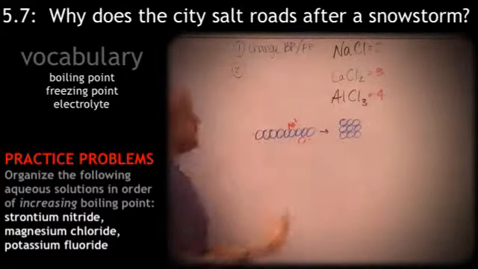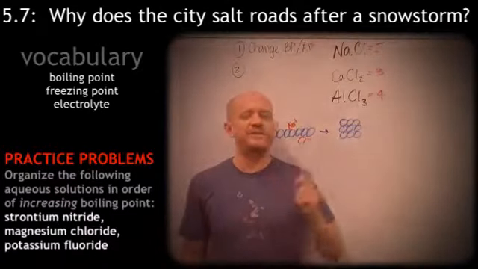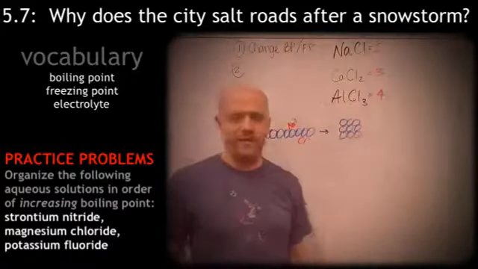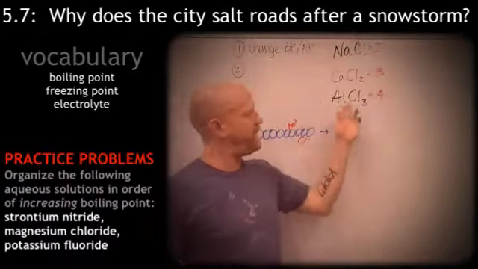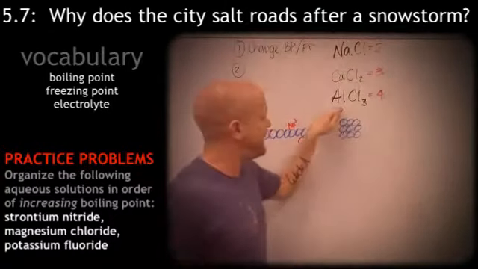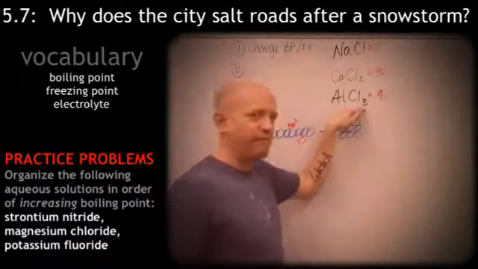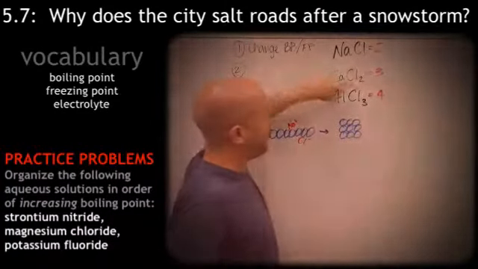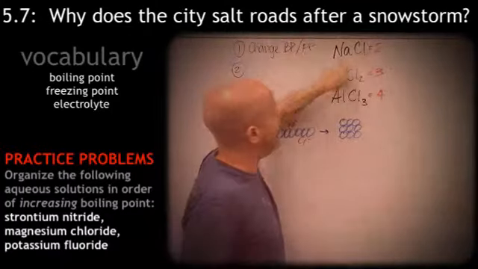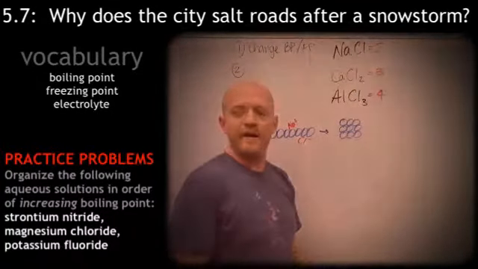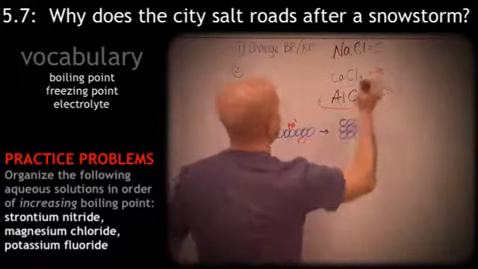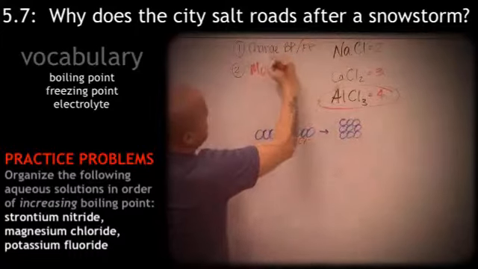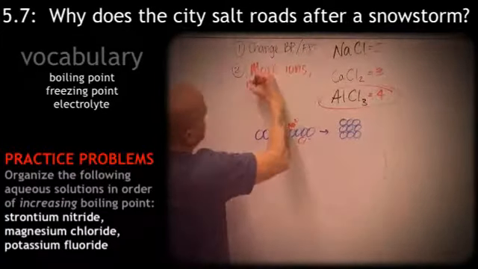Second thing, if ever asked which one is going to affect it more, in other words, which of these 3 will increase the boiling point more, you're going to look at how many substances they're made of. This has 1 positive ion and 3 negative ions, a total of 4 different ions. This one has 1 positive, 2 negative, 3 ions. This one has 1 positive, 1 negative, 2 ions. So aluminum chloride is going to increase the boiling point more. The other summary: more ions, more of a change.